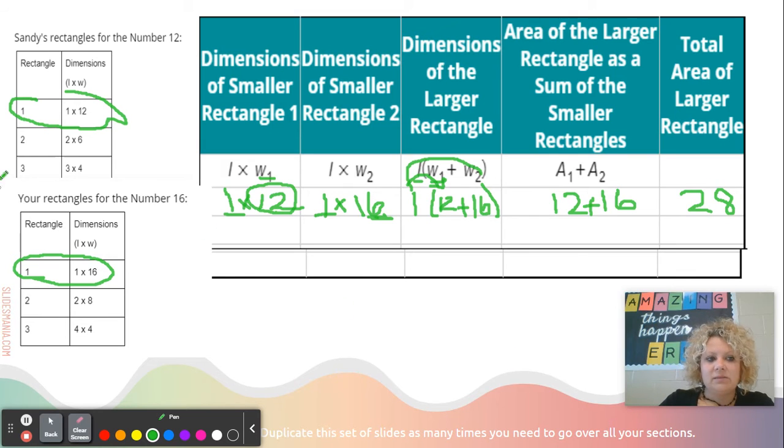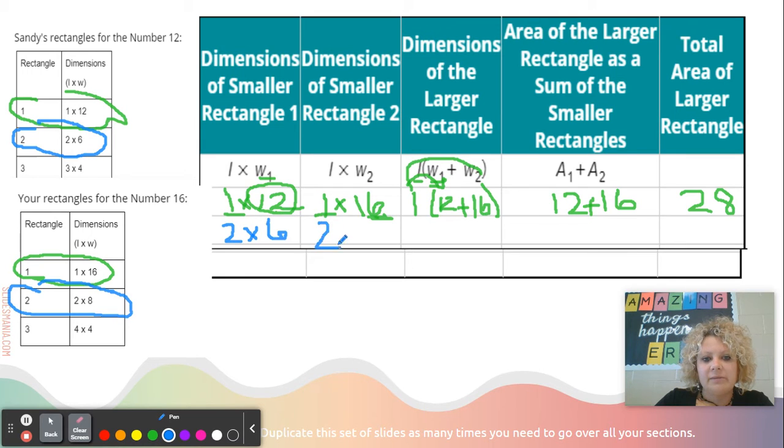All right, so then the next one, I'm going to change colors on this one. My second rectangle is this right here for Sandy's, and my second rectangle is this one right here for the one that we did. So I'm going to write 2 times 6 here, and then I'm going to write 2 times 8 here. Now, what's similar in these two? The 2. So that's what's going to be factored out.